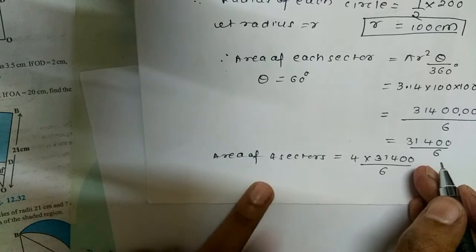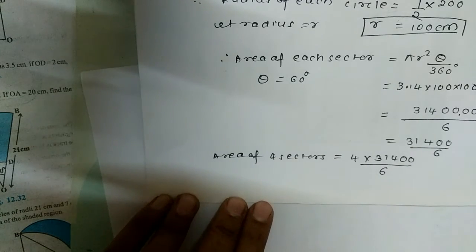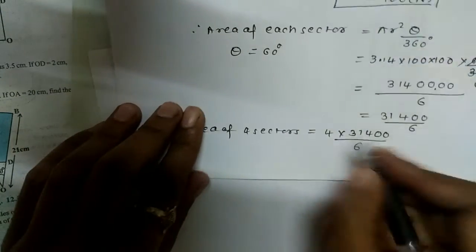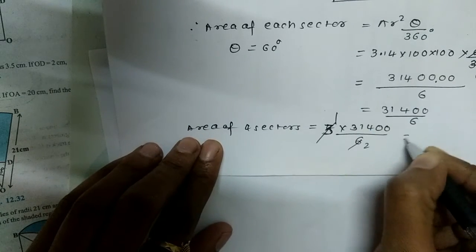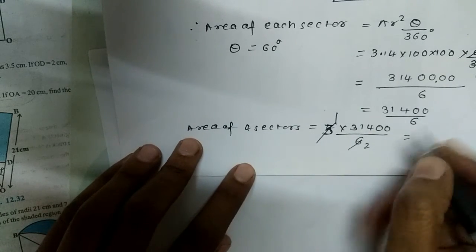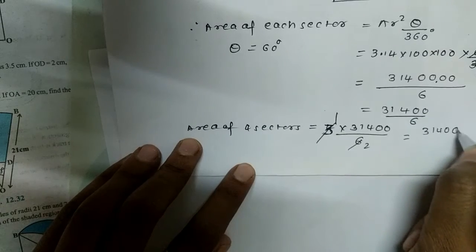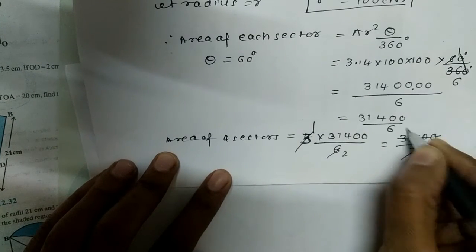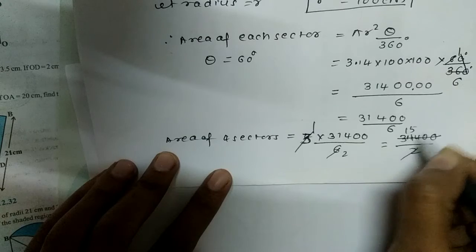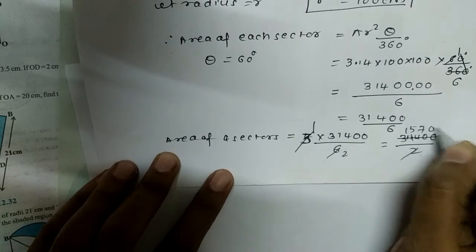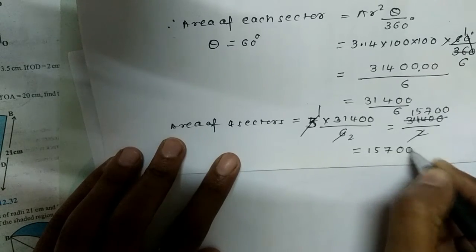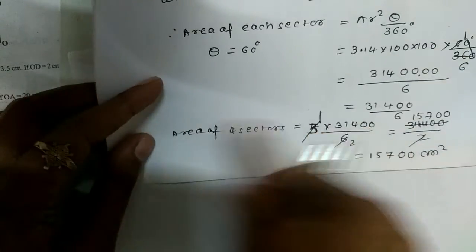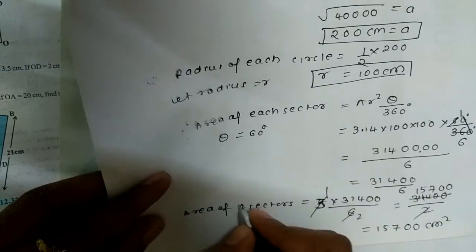Here the sectors are 3 actually, sorry, we'll take 3 here. 3 ones are 3, 3 twos are 6. Then these are even numbers, so we can divide by 2. So 31400 divided by 2 gives 15700. So the area of 3 sectors is 15700 centimeter square.